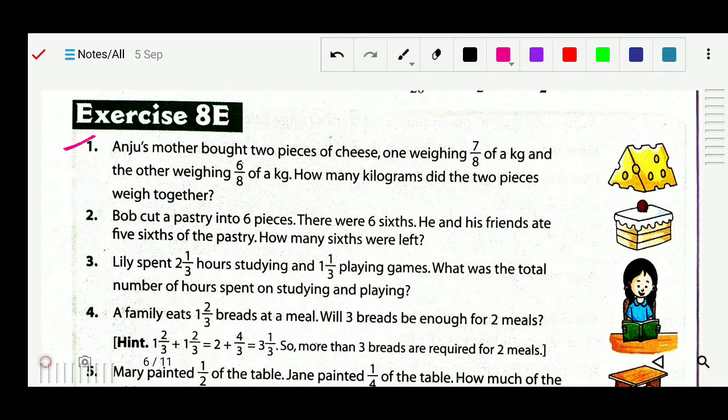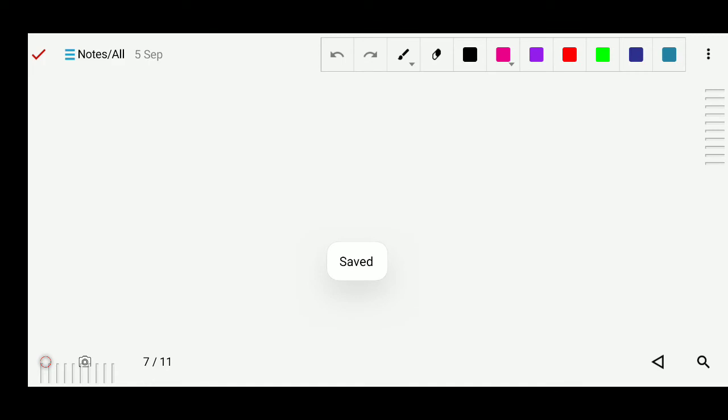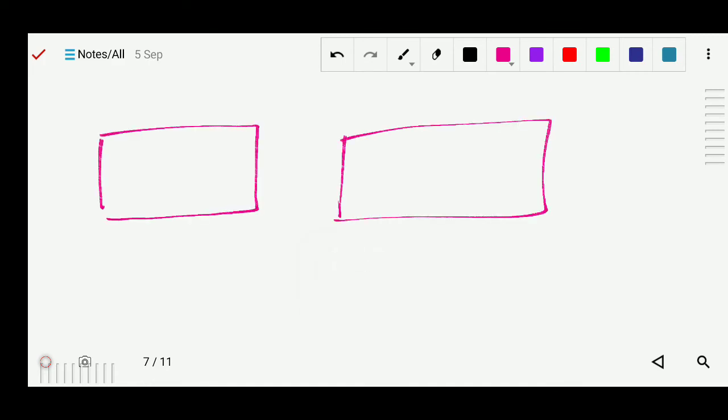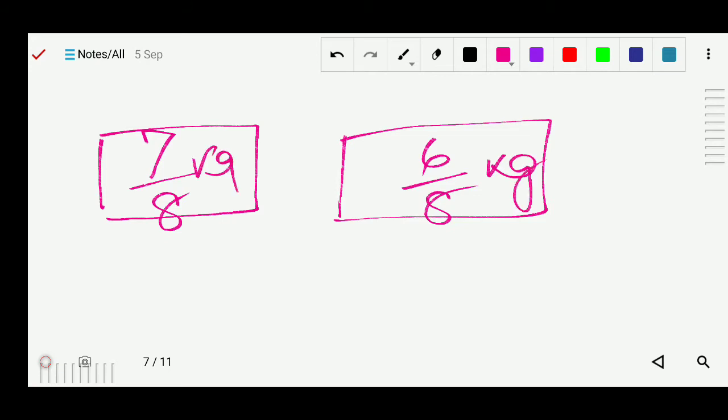Okay, so we have to find the total. Suppose this was the first one, and two are there. The first one was 7 by 8 and the second was 6 by 8, both in kg, and we have to find the weight altogether, combined.